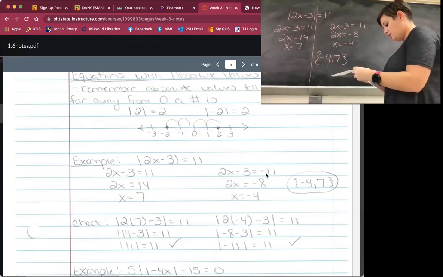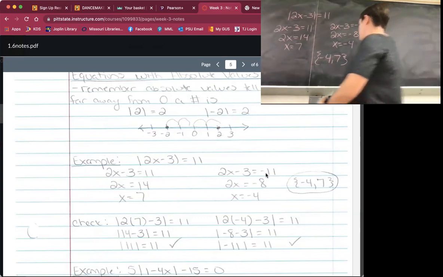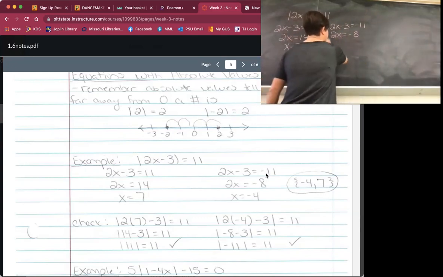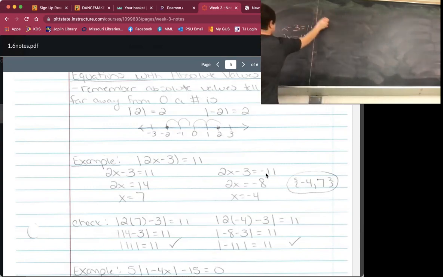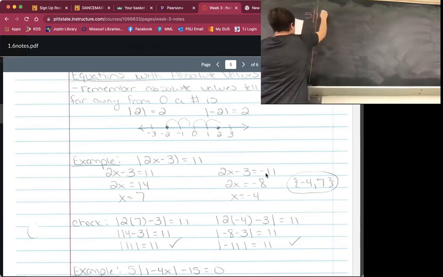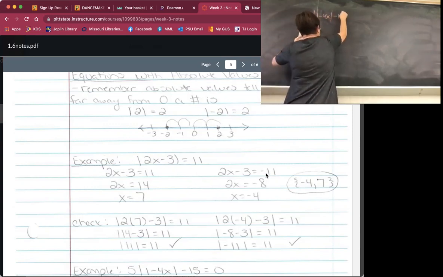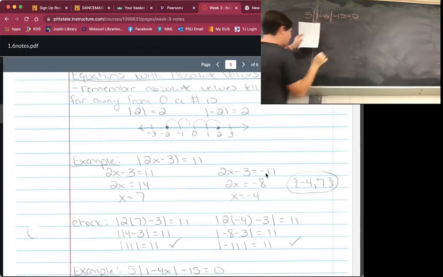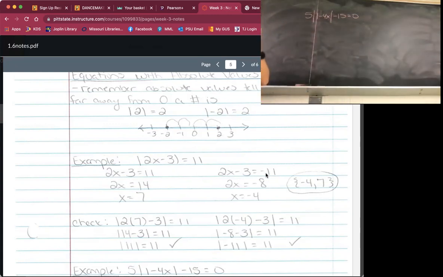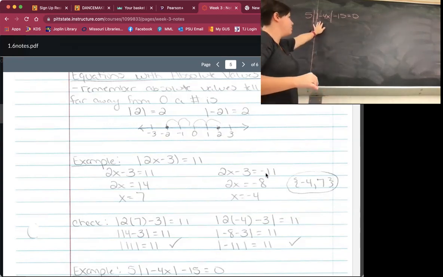Okay, let's do another one, just because I've been working 2 examples of every single style of problem. Let's do 5 times the absolute value of 1 minus 4x, minus 15 equals 0. Okay, we don't want to split yet into 2 different equations because we don't have our absolute value by itself.